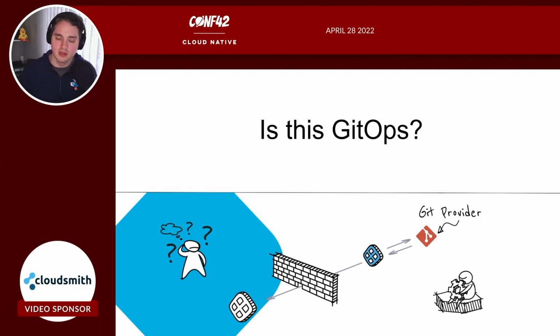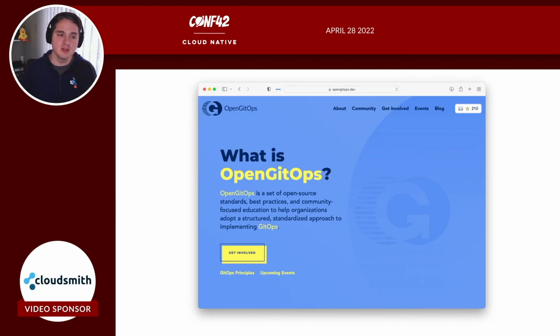What we just did, we're using Git, we're following a pipeline. Is this GitOps? So there is now an Open GitOps.dev, which is created by a working group comprised of members of various companies that have created this resource.